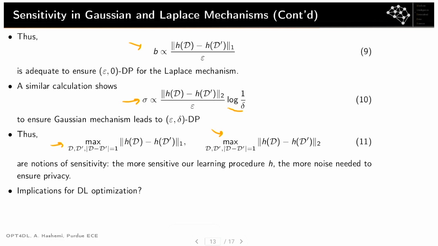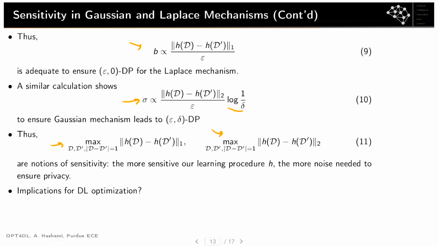The more sensitive they are, the more noise we have to integrate to compensate for that and make sure that differential privacy is satisfied. So we want algorithms or models that are less sensitive. The less sensitive they are, the higher the chance of satisfying differential privacy.